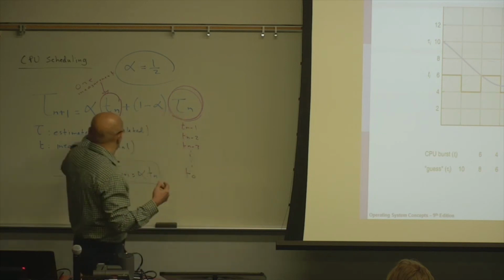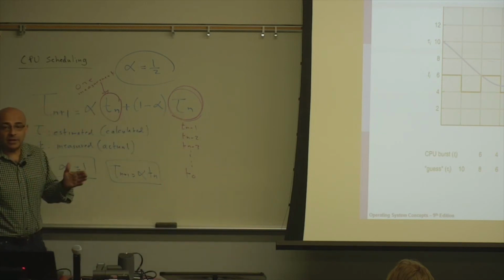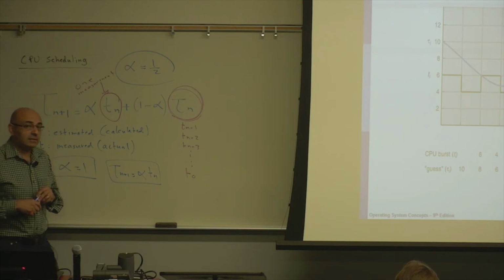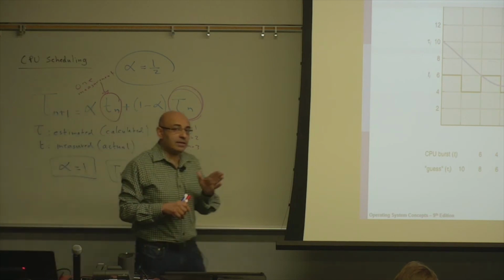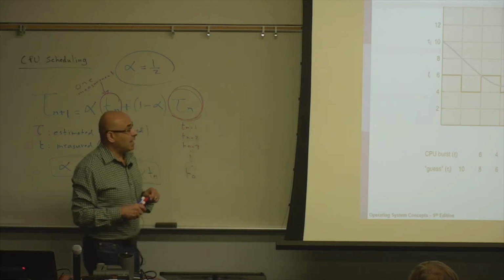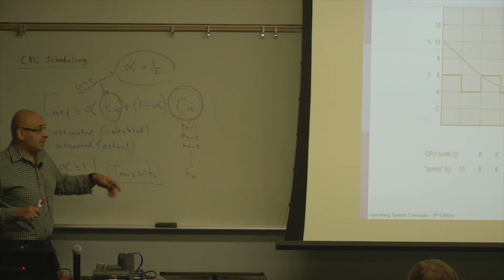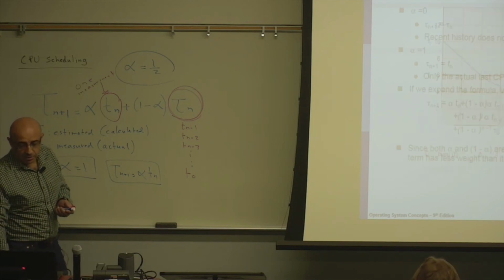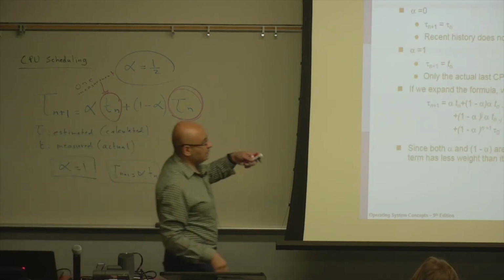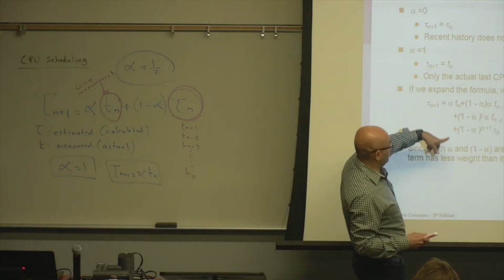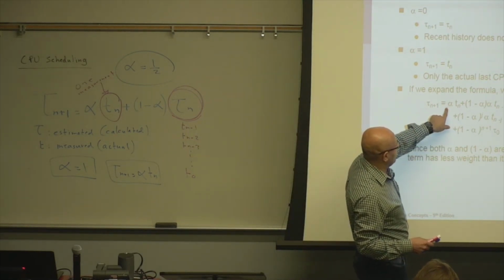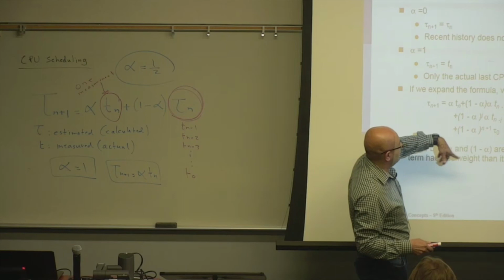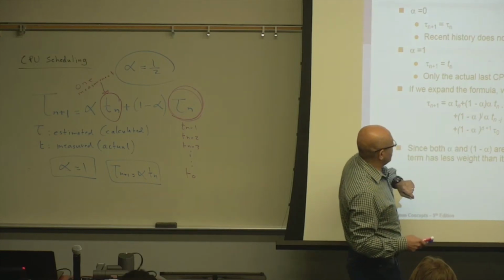So in this formula, we are giving a higher weight to more recent history, and less recent, older history will have lower and lower weights as you calculate more numbers. Because when you expand this formula, you will get something like this. So Tn is multiplied by alpha, but Tn minus 1 is multiplied by alpha times 1 minus alpha.